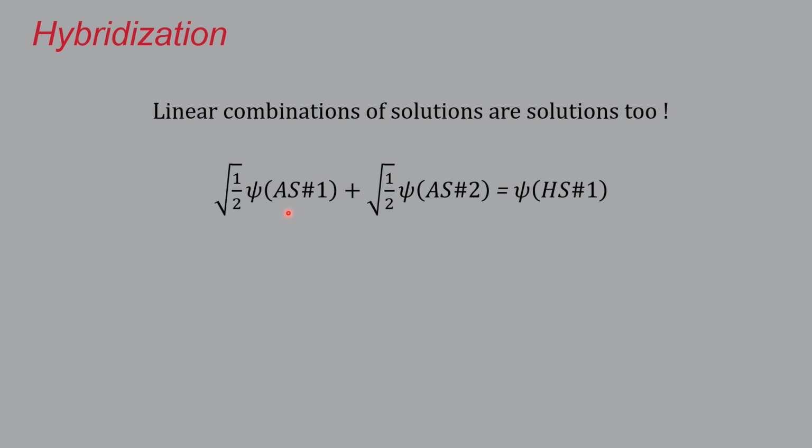And you can be rest assured that if these functions are valid solutions, this one is too. And here H is going to refer to what's called a hybrid state. So this is an atomic state. This is the wave function for a different atomic state. And this is a new hybrid state because it is a combination of those two.